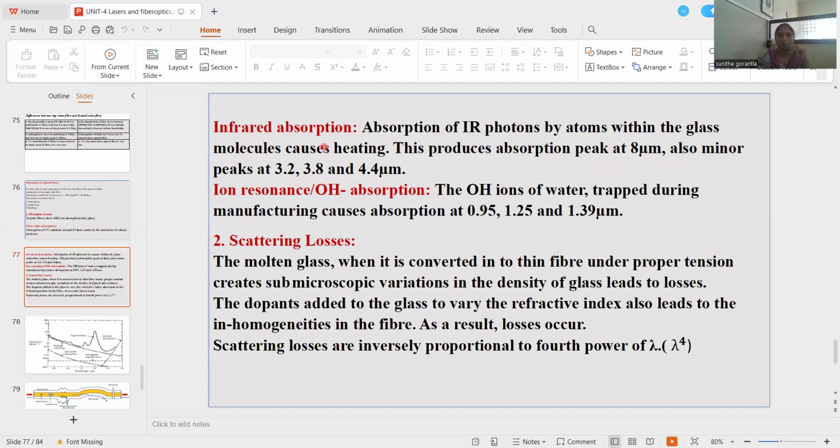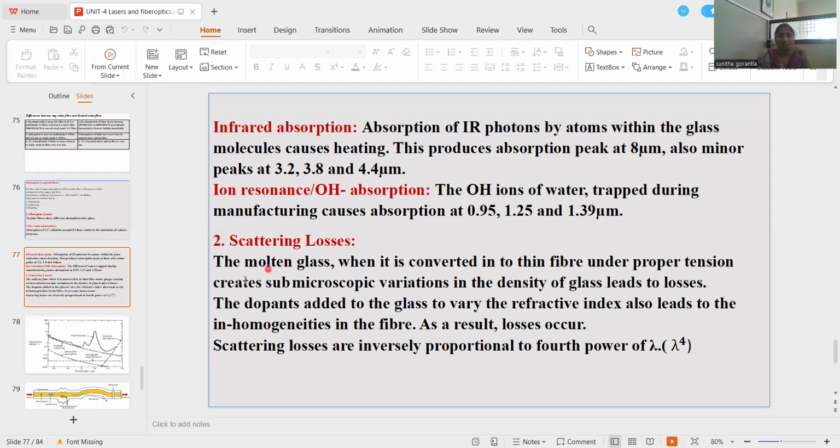And third, ion resonance or OH absorption: the OH ions of water trapped during manufacturing cause absorption at 0.95, 1.25, and 1.39 micrometer.